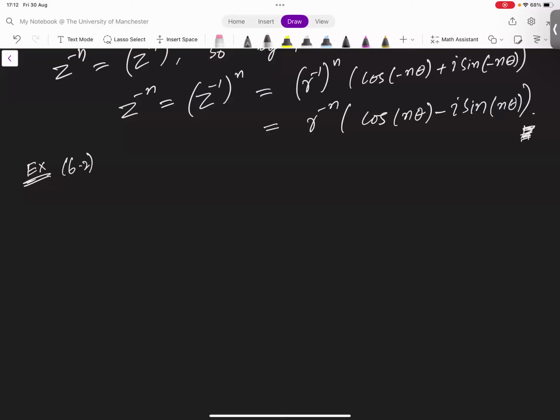We say calculate minus under root 3 plus iota power 7. We first find the polar form.